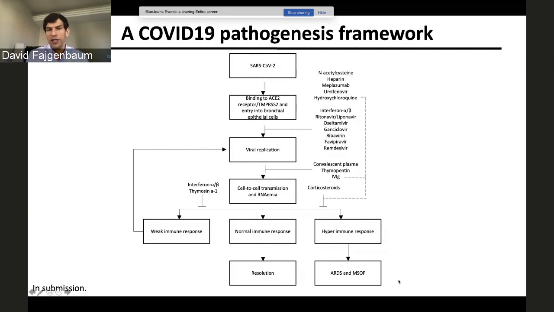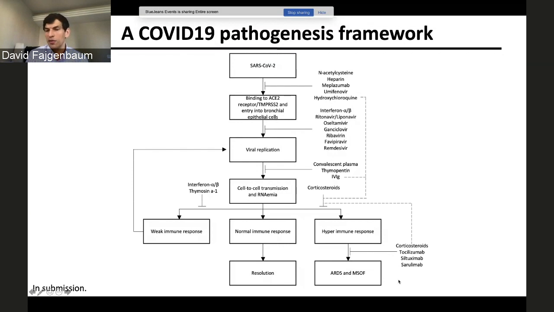And then corticosteroids, of course, can be used on the other side of things: if you look like you're going towards a hyperimmune response, you could consider a corticosteroid to try to prevent it. I also add on hydroxychloroquine and IVIG as potentially having a similar mechanism of action. And lastly, if you do have a hyperimmune response and you're going towards ARDS and multi-system organ failure, then corticosteroids and tocilizumab were 2 of our first 115 drugs that we found.